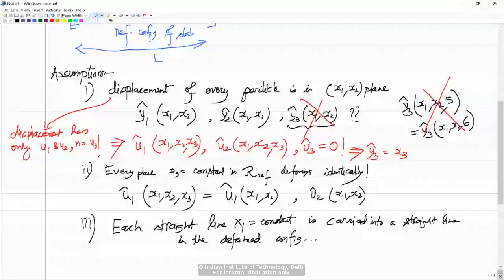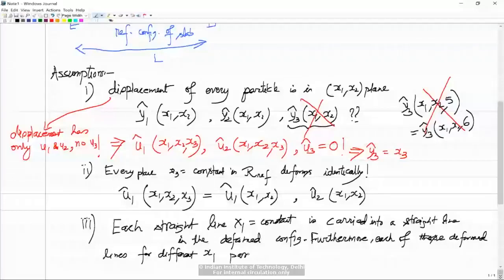Furthermore, each of those deformed lines for different x1 pass through the same point, y1 comma y2 is equal to 0 comma gamma L.